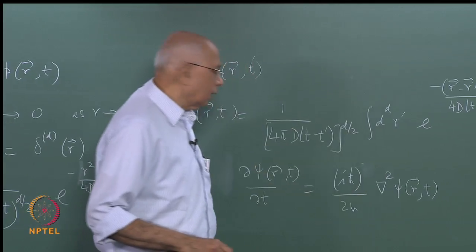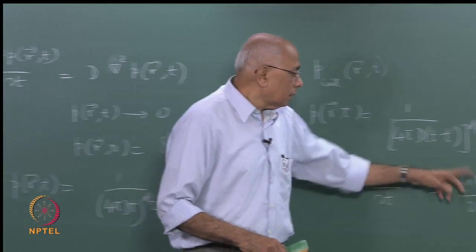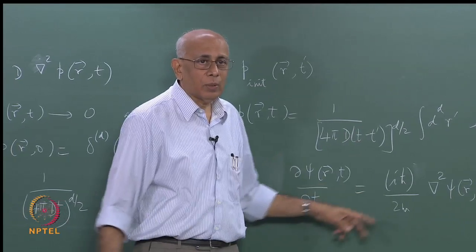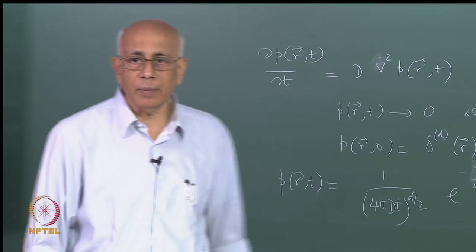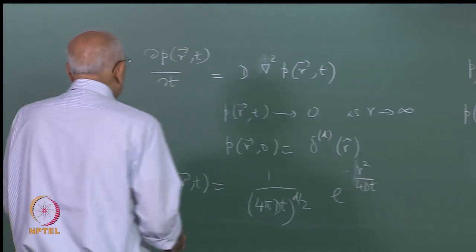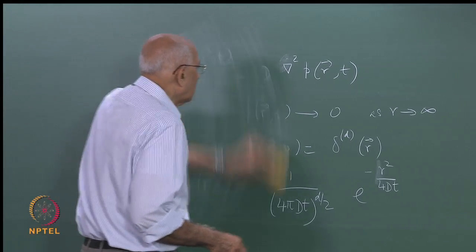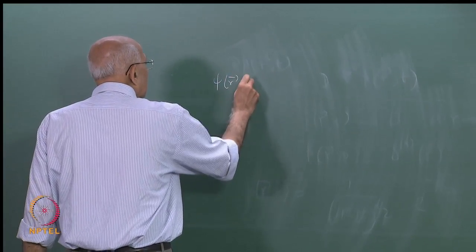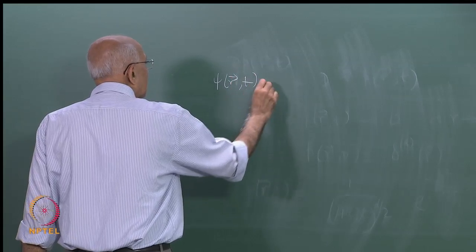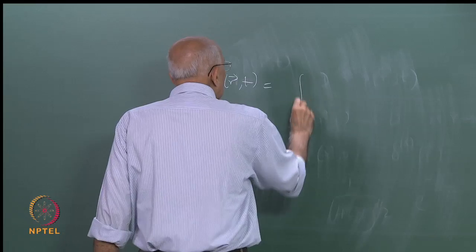It is exactly like the diffusion equation with, quote unquote, a pure imaginary diffusion constant, but the formal solution is exactly the same. So in fact what you could do is to say that for a free particle, the solution to the Schrodinger equation for any given initial wave function is psi of r comma t equal to an integral.